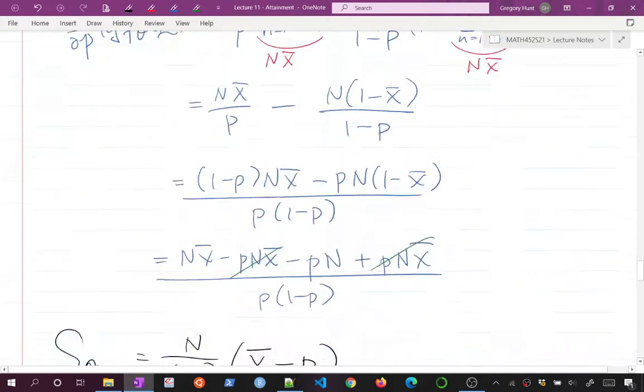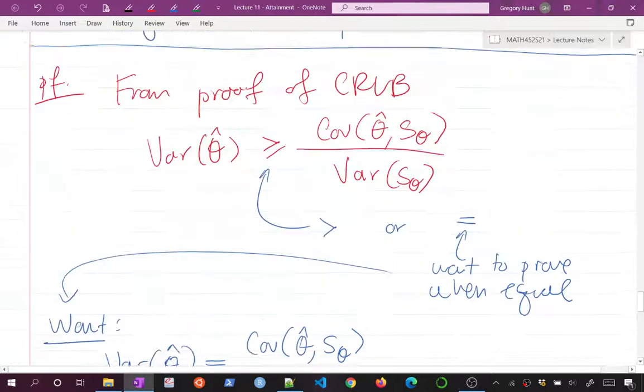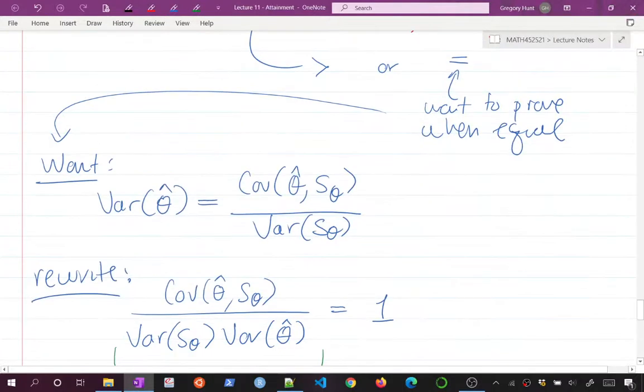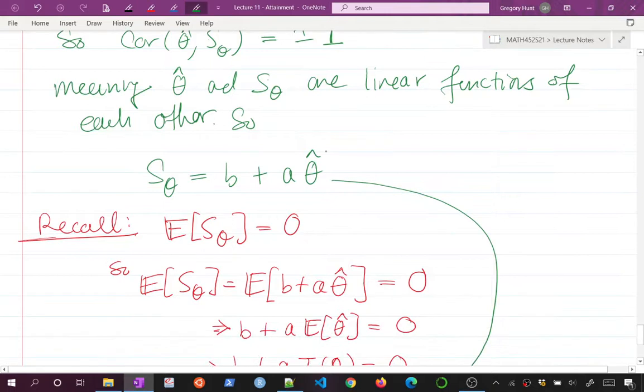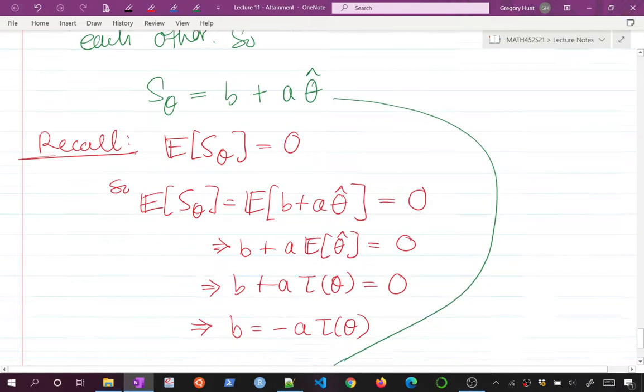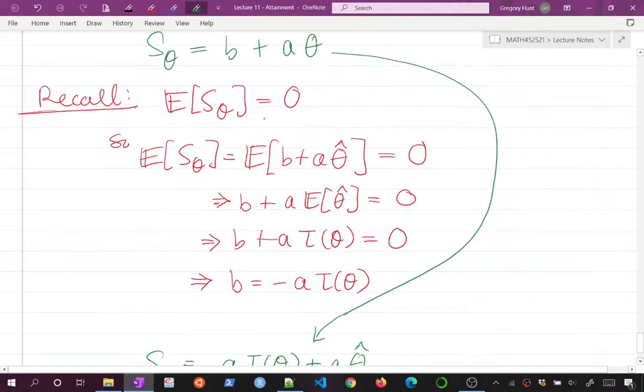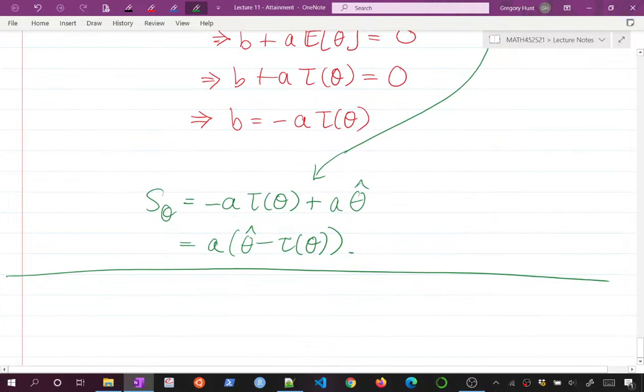And we basically proved that by rearranging the proof of the Cramer-Rao lower bound and showing that if it achieves the bound, the score is linearly related to theta hat. We could exploit the fact that the score has expectation 0, and write it in that form. That's kind of cute. What this says is that the score is proportional to the difference between these things.